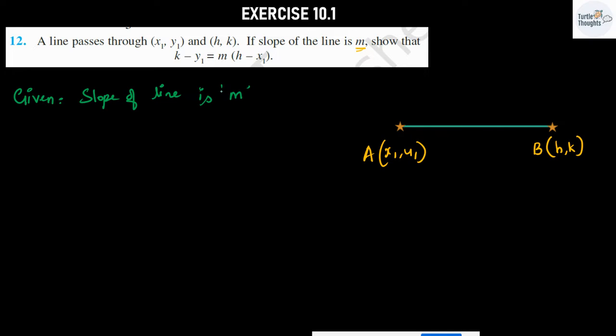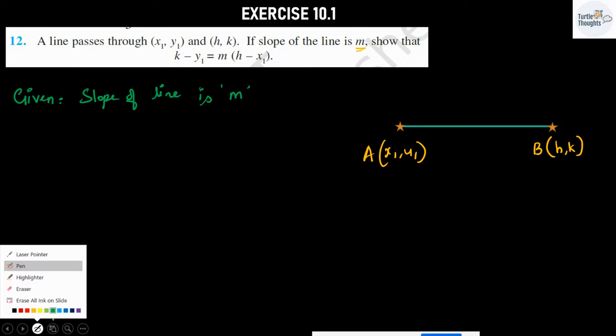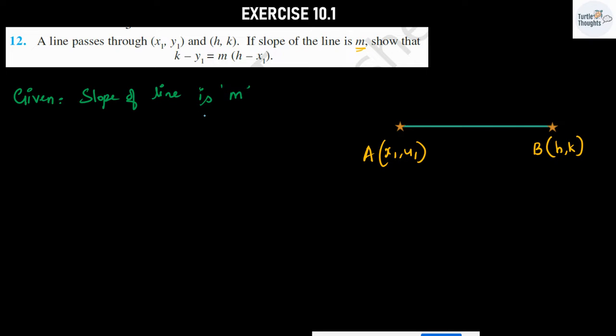The slope of a line passing through the points A and B can be written as y2 minus y1 divided by x2 minus x1, right? Anyway it is x1, y1 only, they have not taken any other coordinates. Here they have taken (h, k), this you can consider as (x2, y2), right?